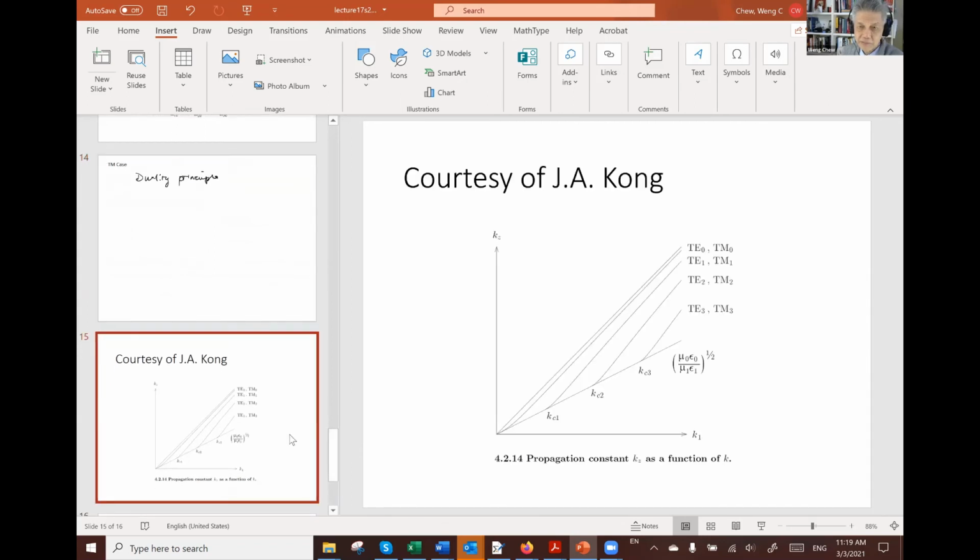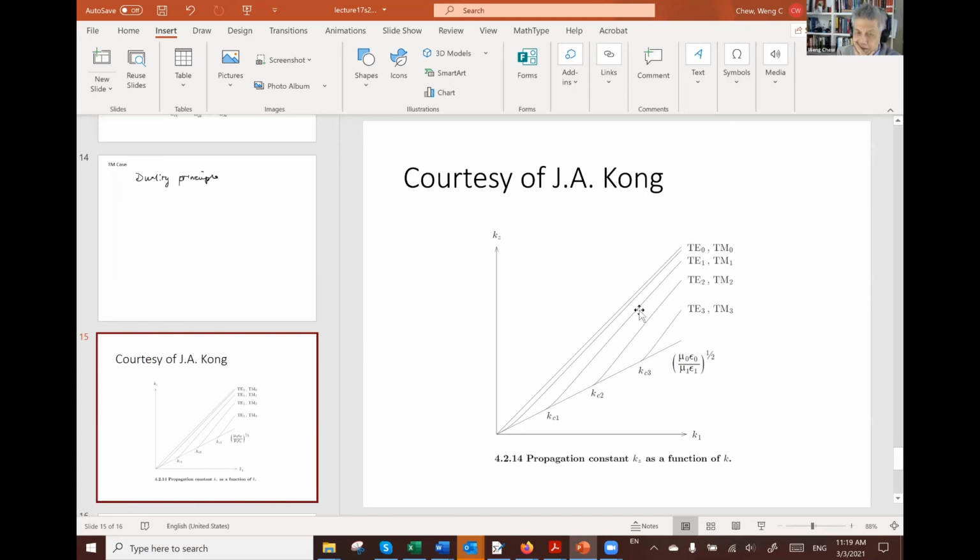And these are some of the plots from Professor Kong's book. He shows that TE and TM modes are very similar. At cutoff, these are the cutoff frequencies of those modes. The group and phase velocities are very similar to that of the outermost medium.